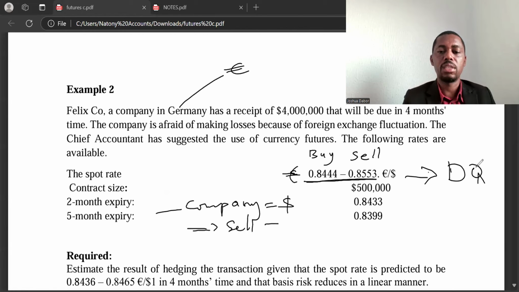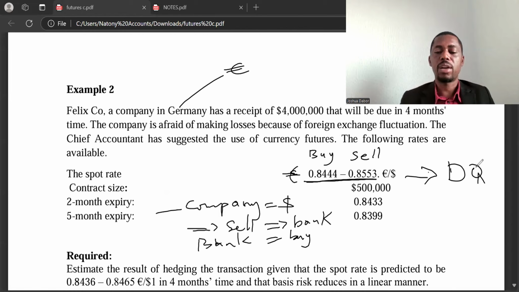Sell this currency to the bank. So it means that the bank will buy. So since the bank will buy, the first rate applies.